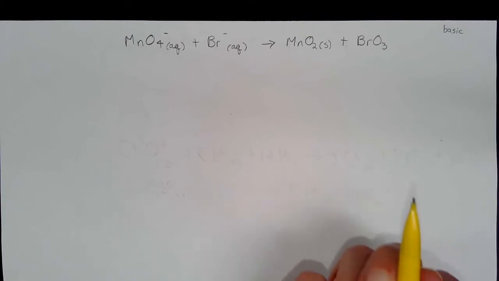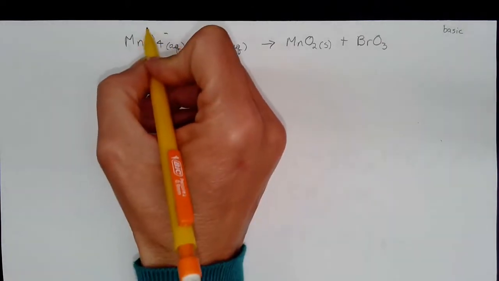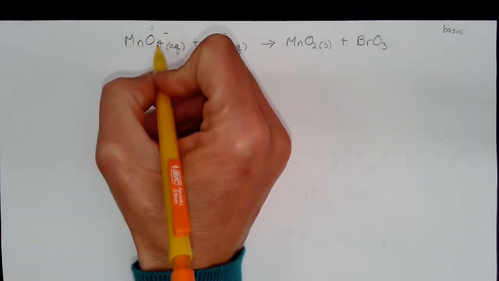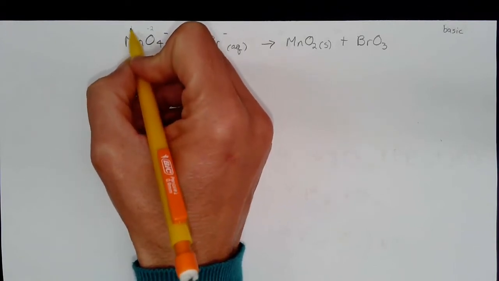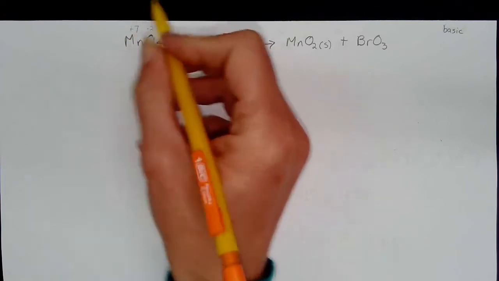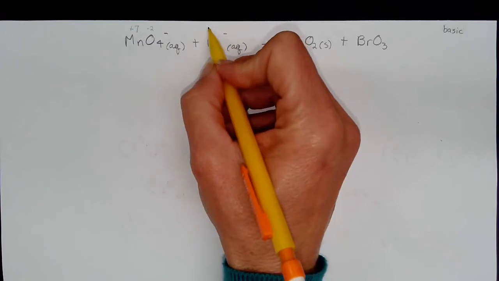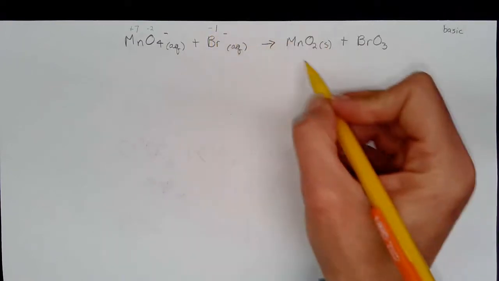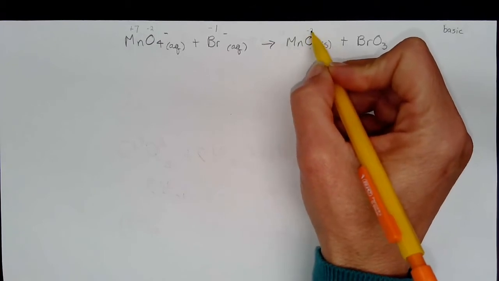So, as always, we're going to start by assigning oxidation states. We have a -2 for the oxygen. We have a total of -8. -8 plus something gives me -1, so this something must be a +7. We know that the bromine, being a monatomic ion, has an oxidation state of -1. We know that oxygen has an oxidation state of -2.